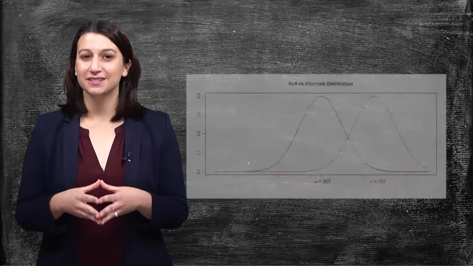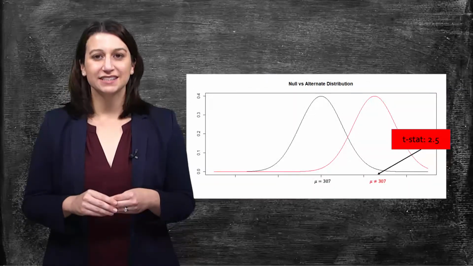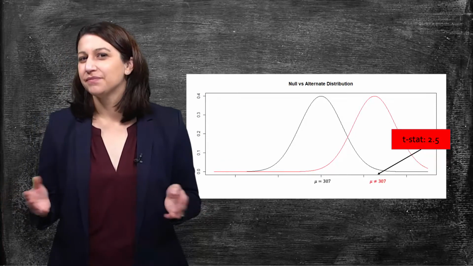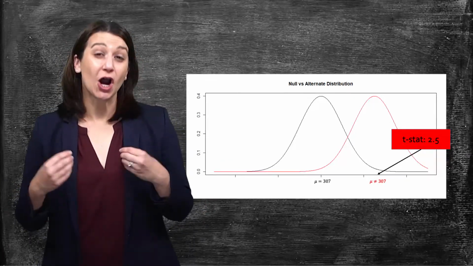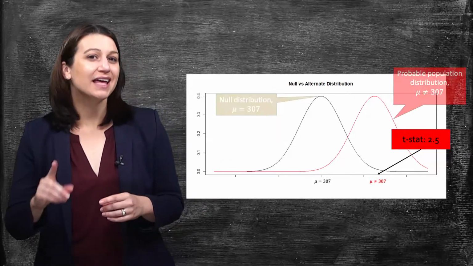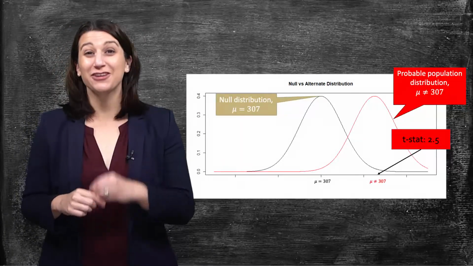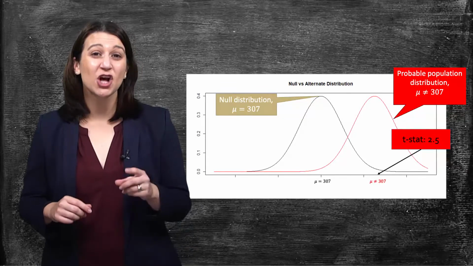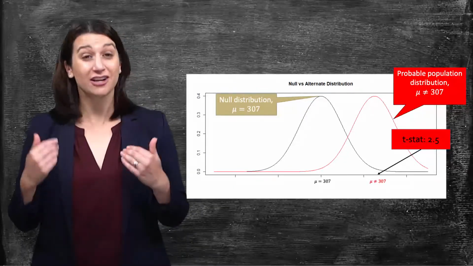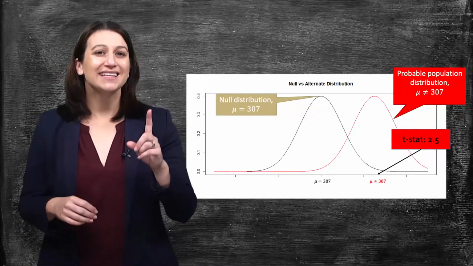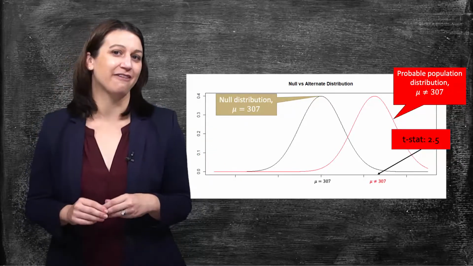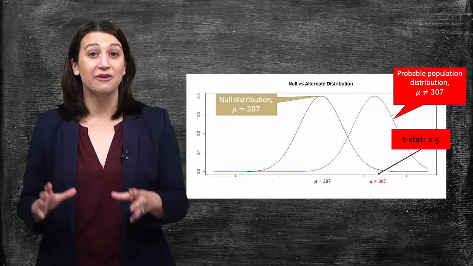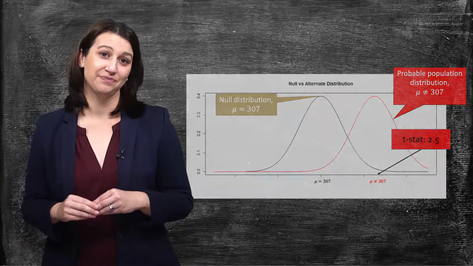Let's go back to this picture. Here we have a t-statistic of 2.5. What does that mean? Well, it means our t-statistic was unlikely for us to get if the null were true. Therefore, we have evidence that the null likely isn't true in our population. It says that we instead have evidence that our sample came from a distribution which is centered around another value.